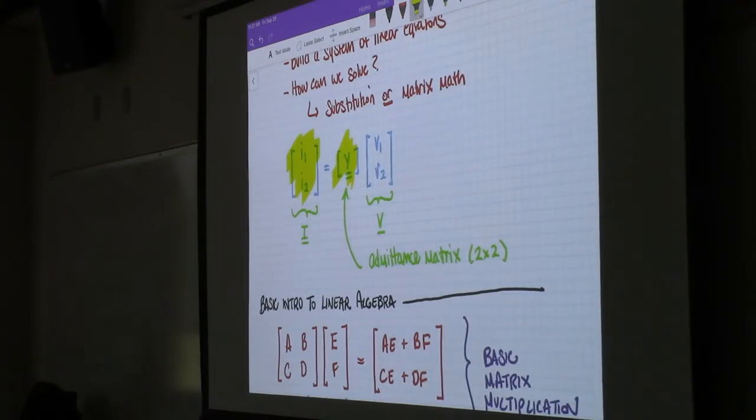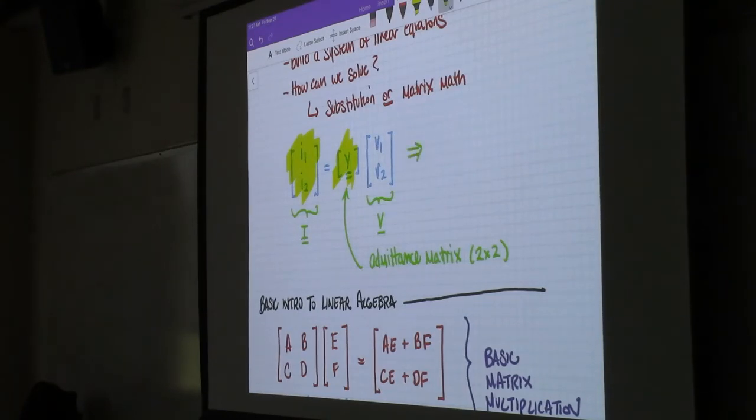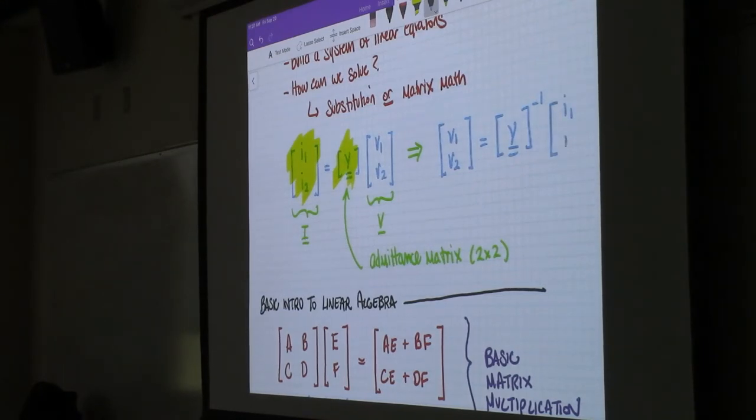Right, you can invert the matrix to solve. So what you end up with is V1, V2 equals the inverse of the admittance matrix times I1, I2.